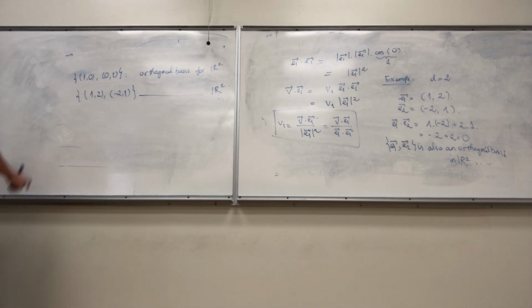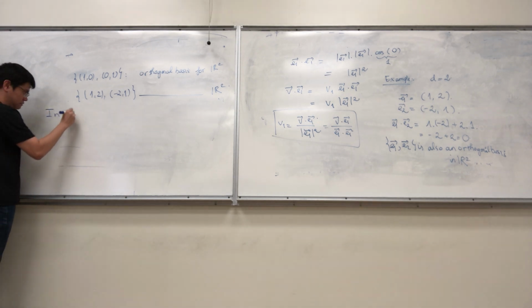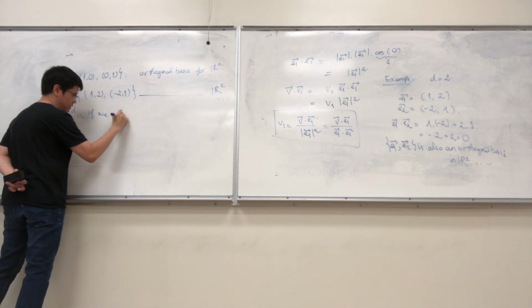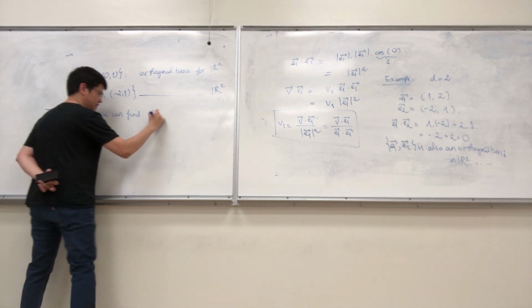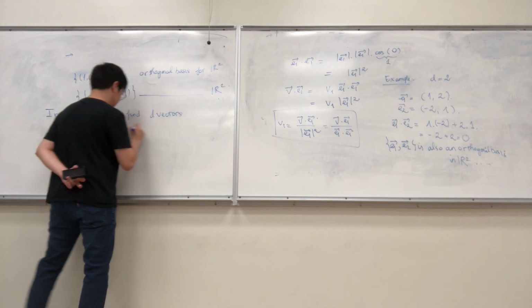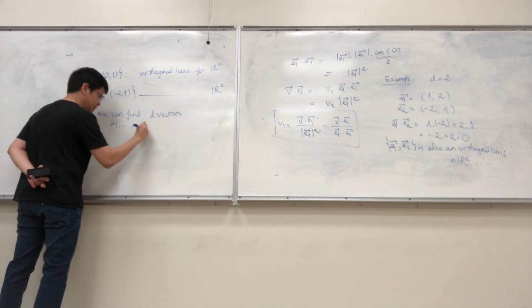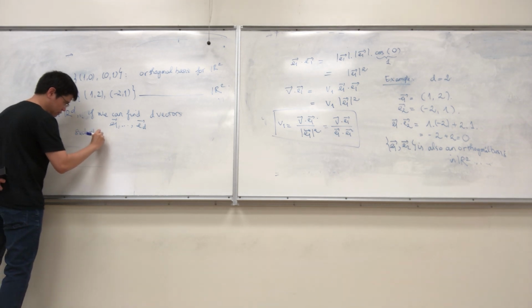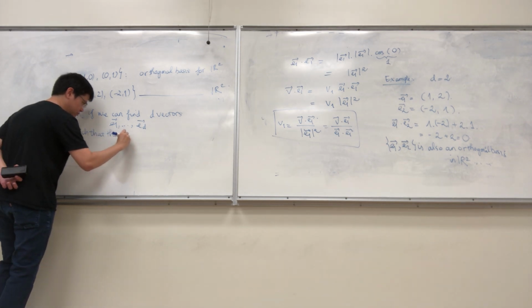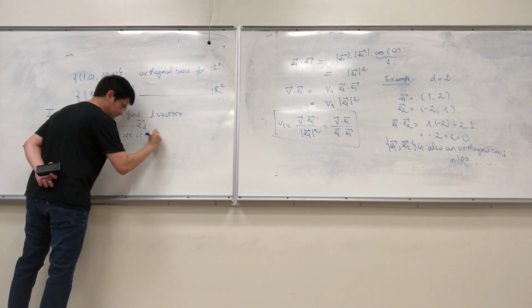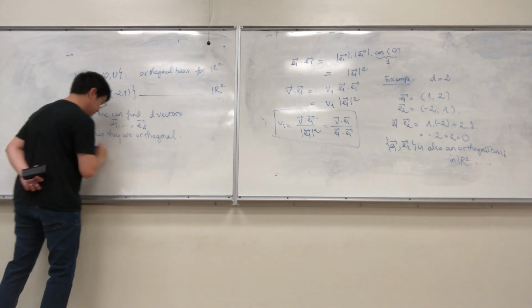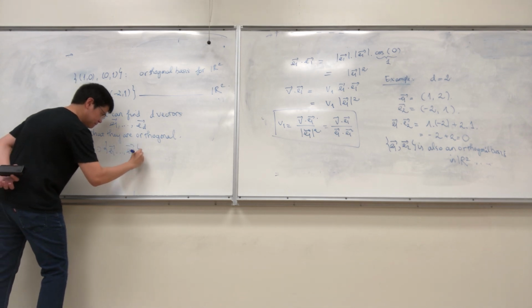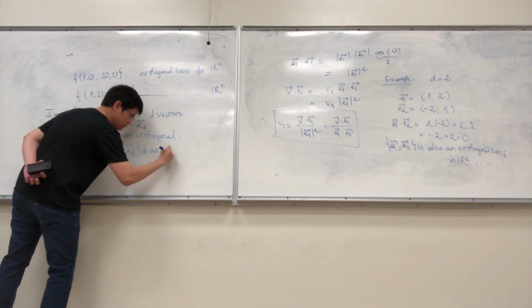So in RD, if we can find D vectors E1, ..., ED such that they are orthogonal, then this is an orthogonal basis.